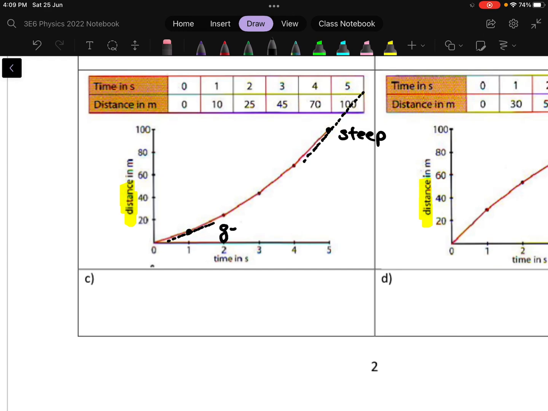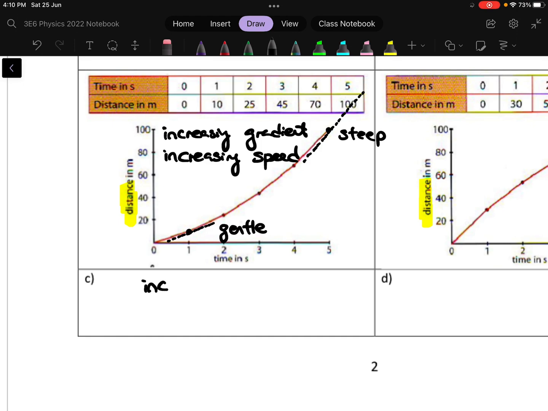This is quite gentle, right? So in this case, if you recall in your mathematics, we call this increasing gradient, right? Because the slope becomes more and more steep. So since the gradient represents the speed of the object, then what this graph is describing is that the object is moving at increasing speed. That's all.